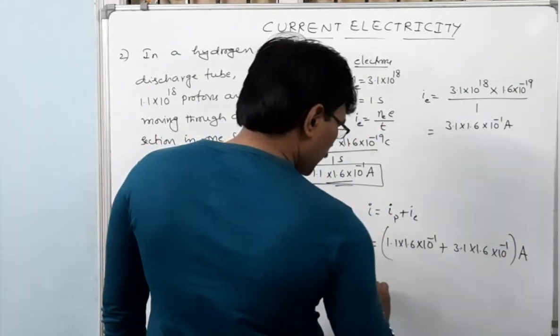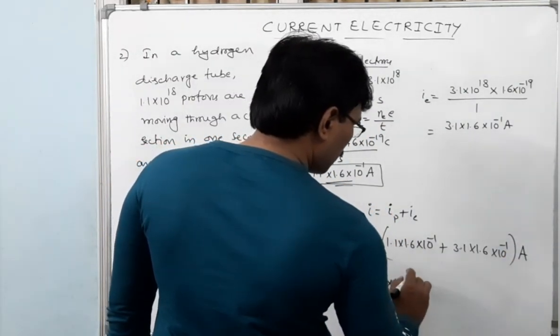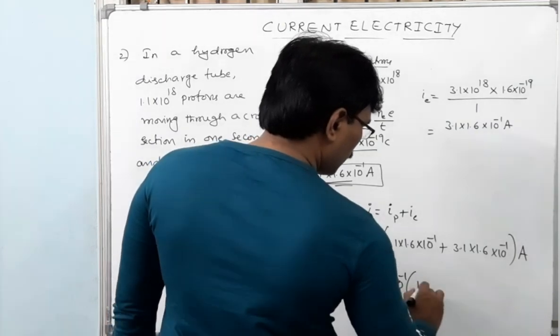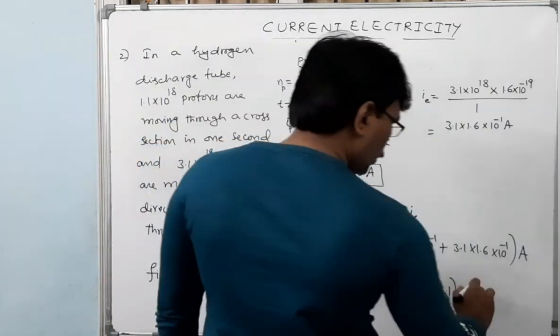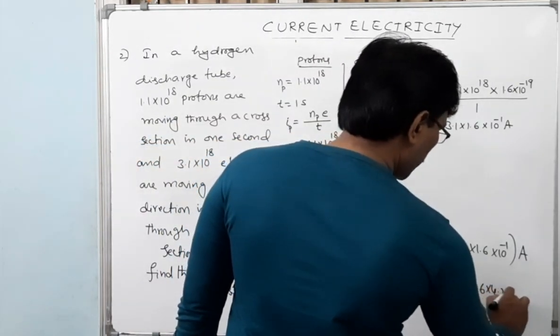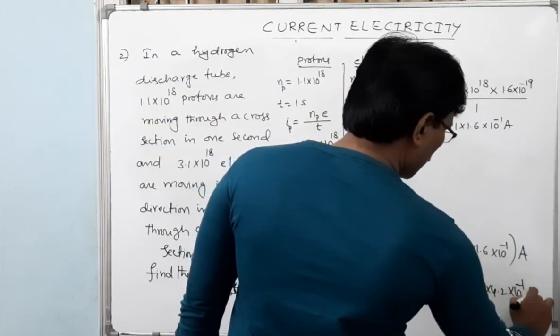Taking 1.6 into 10 power minus 1 common, 1.1 plus 3.1 is 4.2. So 1.6 into 4.2 into 10 power minus 1 amperes.